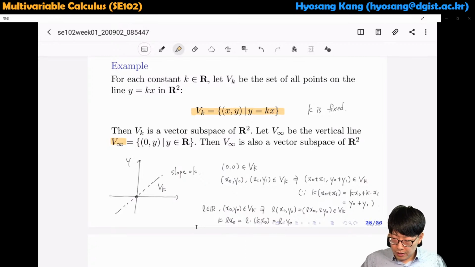And these Vk and V infinity are all vector spaces, but also they are called vector subspaces of the entire plane R2. R2 is also a vector space, and Vk and V infinity are subsets of this vector space R2 that are also vector spaces, so therefore they are called vector subspaces. Okay.